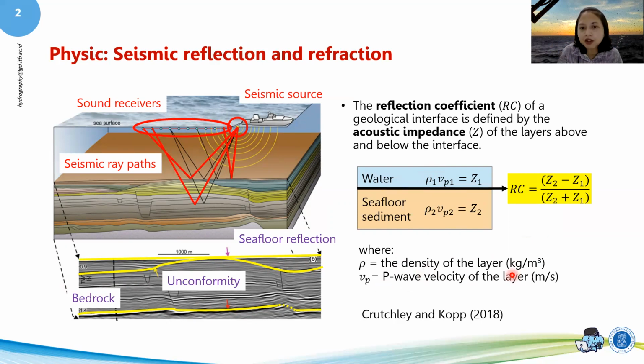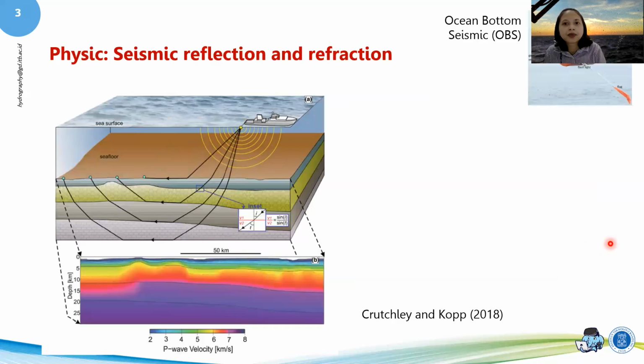So that's the P wave velocity of this layer and of this layer, and then you can see the density of each layer, and then you will have the Z, or the acoustic impedance. And the RC can be calculated in here. You can imagine that the bigger the difference between Z2 and Z1, the bigger the reflection coefficient is going to be. You can see that the difference between this basement rock and the sedimentary rock is larger than the one here and there. So that's the concept of reflection seismic.